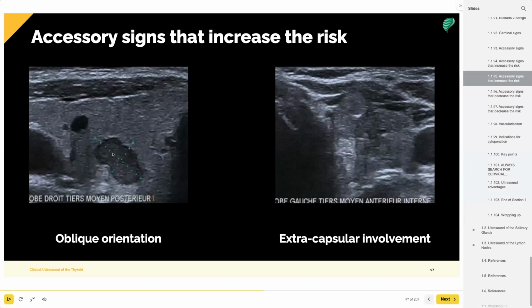So this nodule is more in an oblique position. In this image here, we can see that there is extracapsular involvement. So the nodule is kind of pushing out of the border of the nodule, which you can see here.